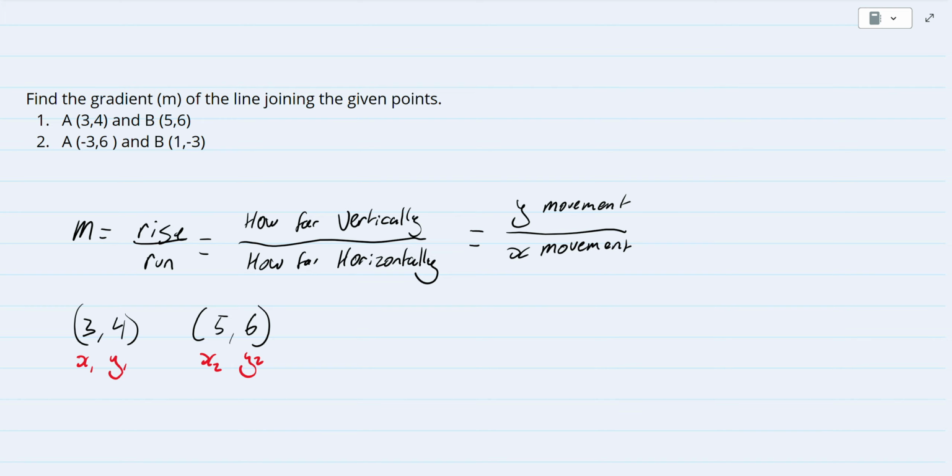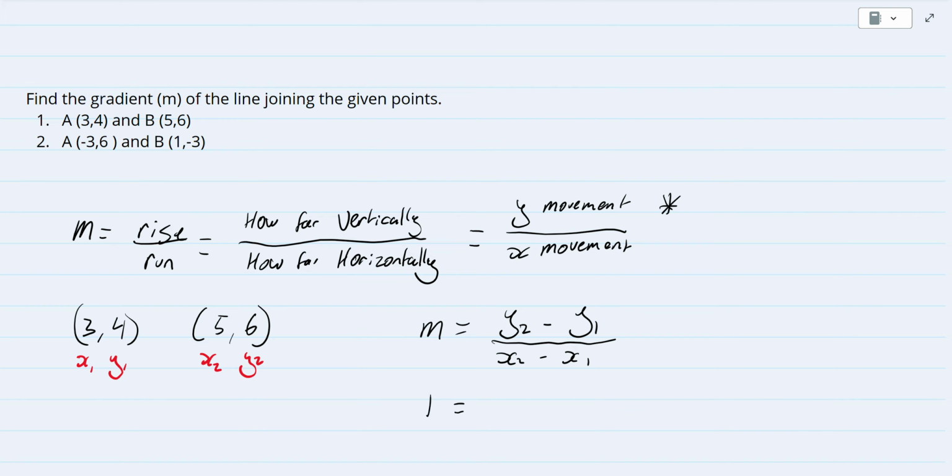So we can calculate the movement by subtracting our x values from each other and our y values from each other. So again, where our rise is divided by our run, so how far it moves along our y-axis, divided by how far it moves along our x-axis, we figure that out by going y2 minus y1 divided by x2 minus x1.